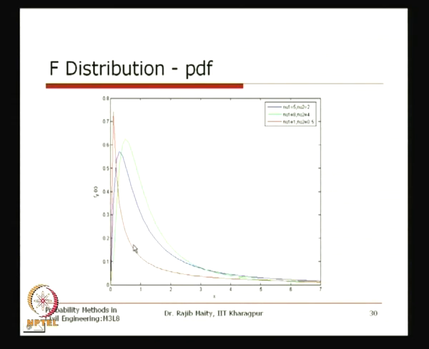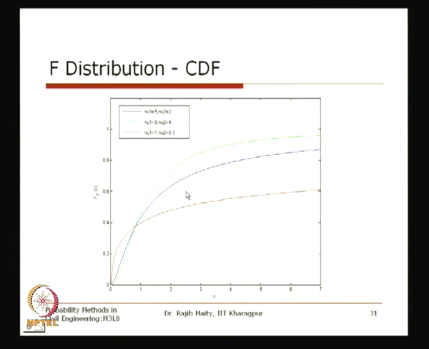Now this is the effect of different combinations of the two degrees of freedom, nu 1 and nu 2. We can see the red, blue and green curves shown here for different combinations of degrees of freedom, and their respective cumulative distribution functions are shown here, starting from 0 and going asymptotic to 1.